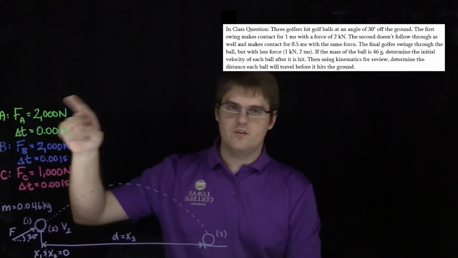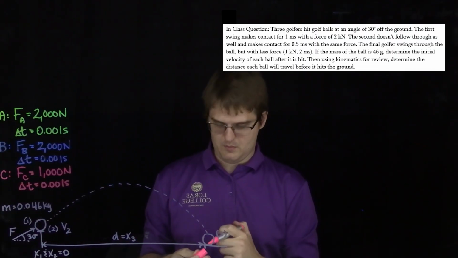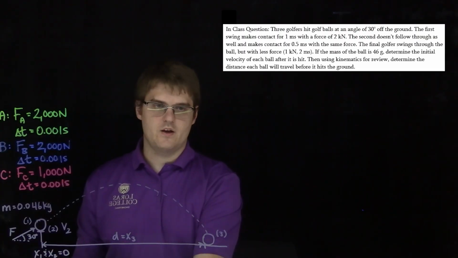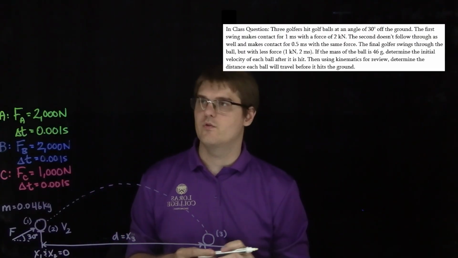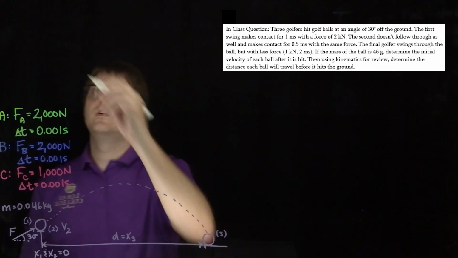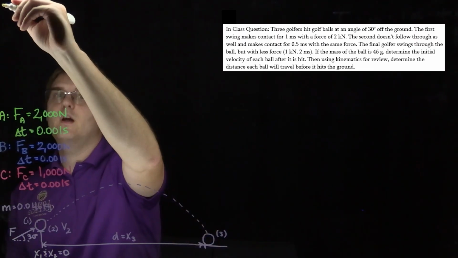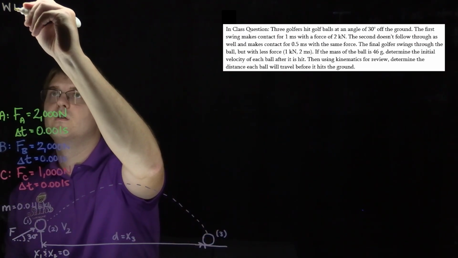What we're going to find is solving each of these 3 is exactly the same. We're just switching out a couple numbers, but it's good practice for us. With that, let's go ahead and write up what we want to find.